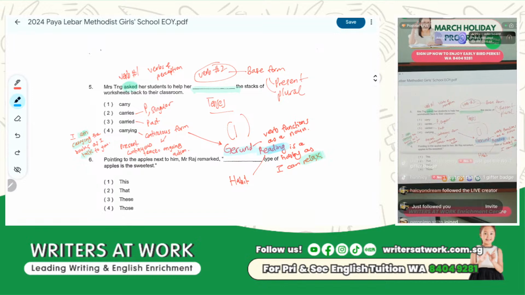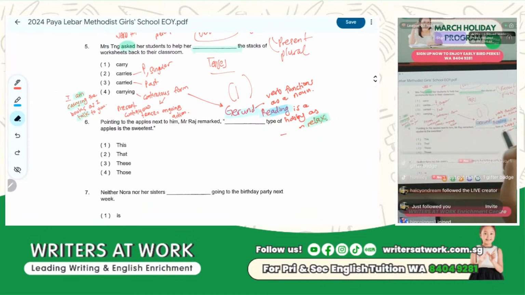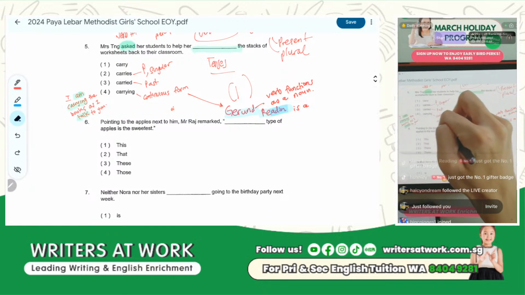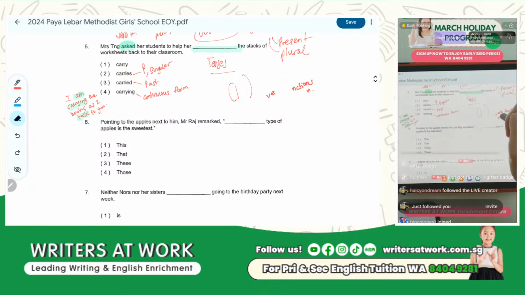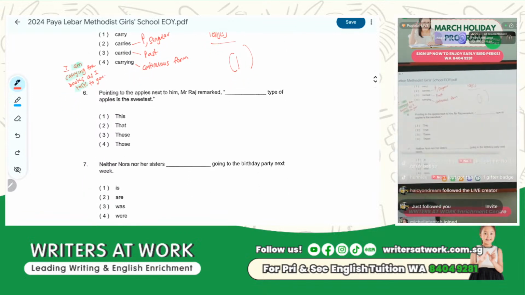Okay, now let's take a look at question 6 now. Pointing to the apples next to him, Mr. Raj remarked, "That type of apples is the sweetest."